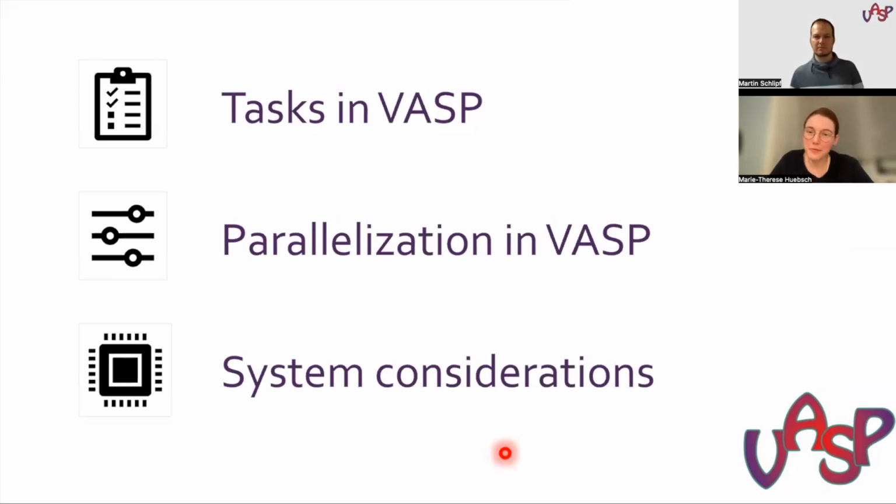Okay, then maybe a question about parallelization. How does parallelization affect the total energy? A user reported that there was a change in the first decimal point of the total energy.